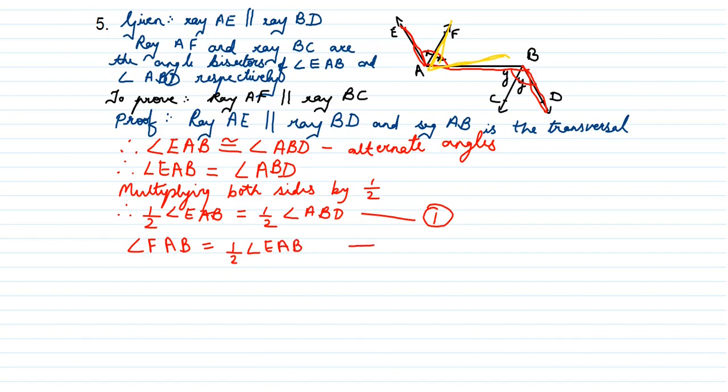Let's say this is 2. Reason for this is ray AF is the angle bisector.